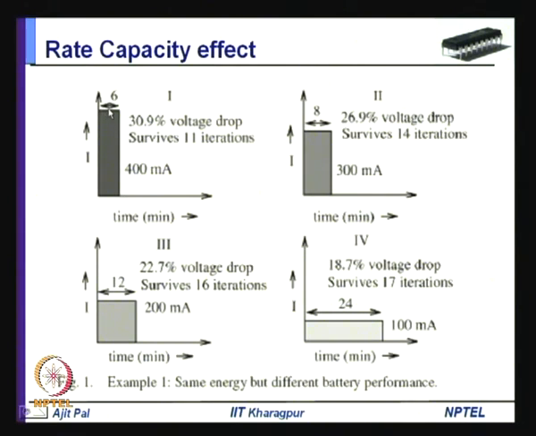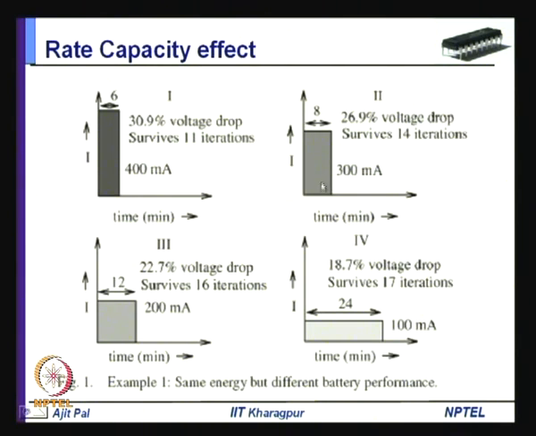For example, here the battery is supplying 400 milliampere, and the task will run for 6 minutes. So, 6 minutes at 400 milliampere. A particular task requires that, and whenever this is done, a 30.9% voltage drop takes place after 11 iterations. This is when you are discharging at a very high rate.